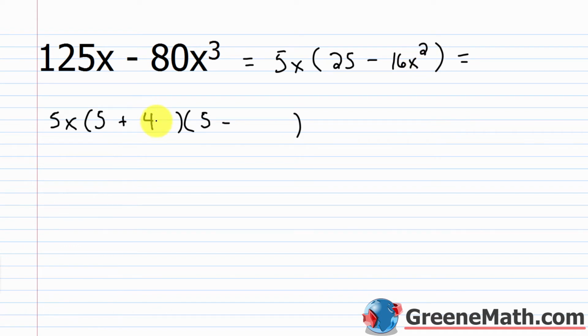So I'll put 4x here and 4x here. And if you go through and you do FOIL, 5 times 5 is 25. The outer, which is negative 20x, and the inner, positive 20x, would cancel. And then the final, 4x times negative 4x, is negative 16x squared. So that checks out. And if we multiplied this by 5x, we would get back to 125x minus 80x cubed.